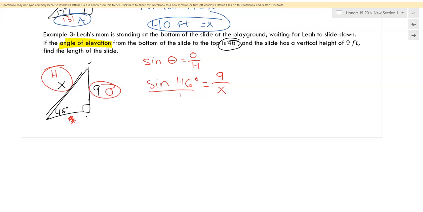Again, solving for a side, I'm immediately putting it over 1. So I have x times the sine of 46 degrees equals 9. Okay, in this case, my x is not by itself yet, so I have to divide.